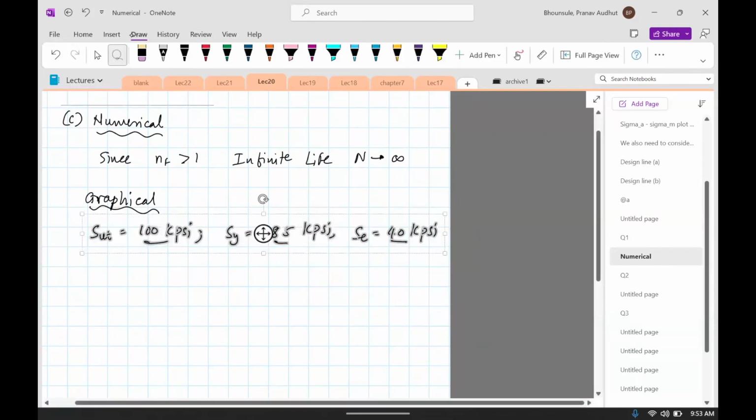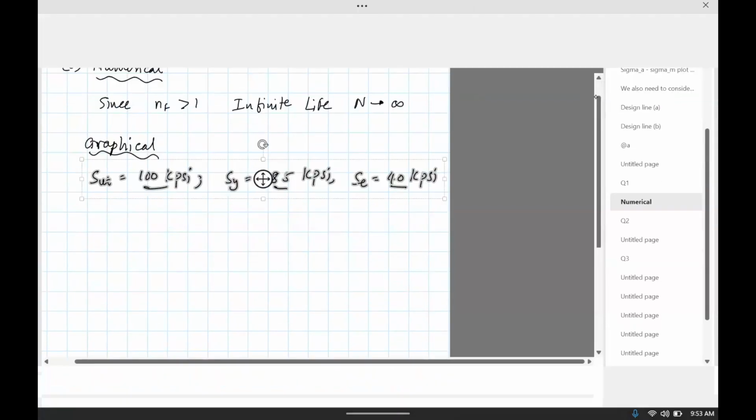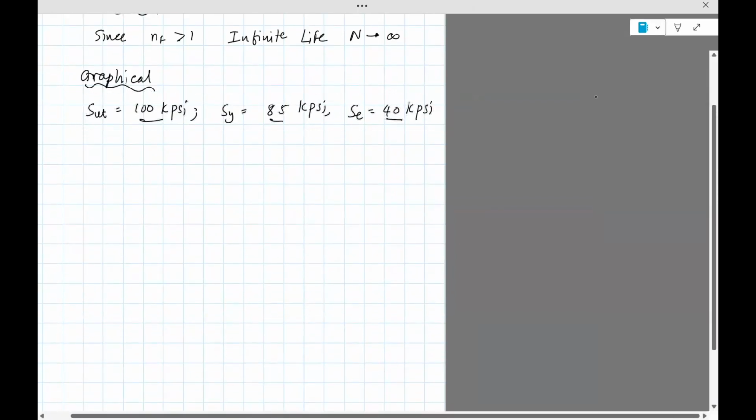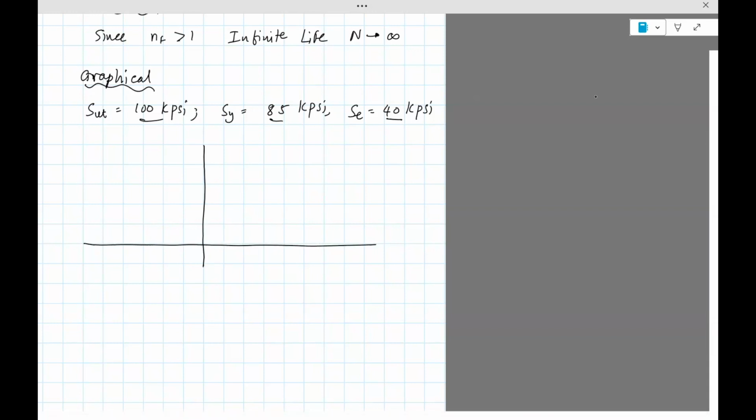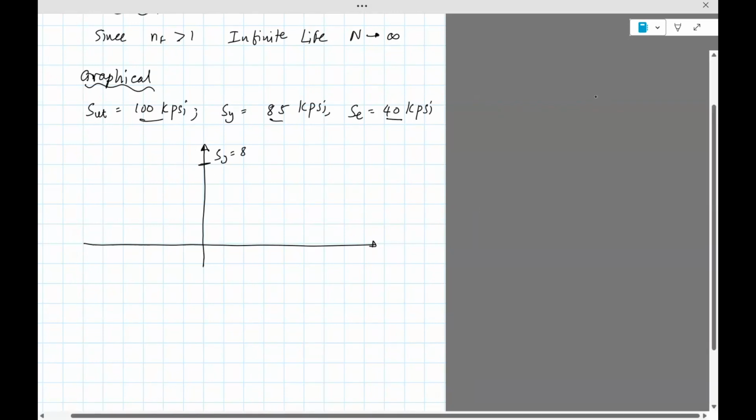Okay. So let's draw the Langer line first. Let's assume that 1, 2, 3, 4, this is 85. SY equals 85, so it'll be here somewhere.